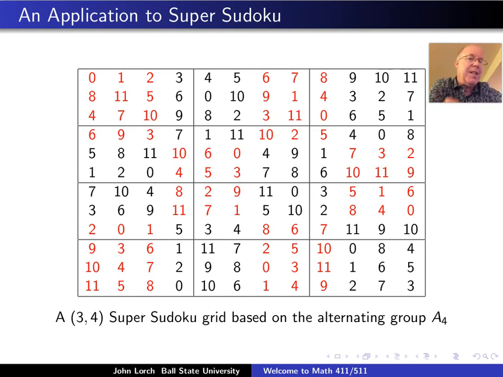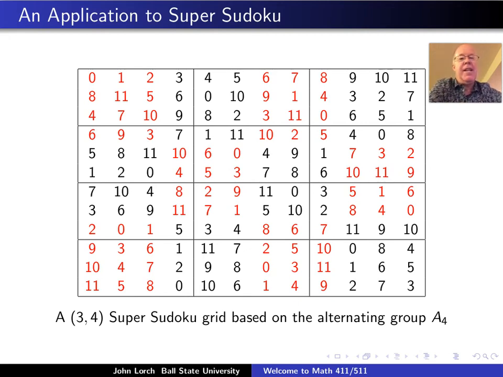If someone just handed you a blank grid and said, why don't you write down for me a 3,4 super Sudoku grid, just write down an example, that might be a hard thing to do if you just start with a blank grid and a pencil in your hand.